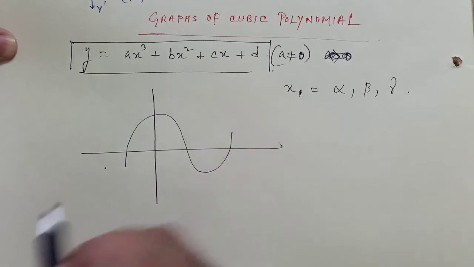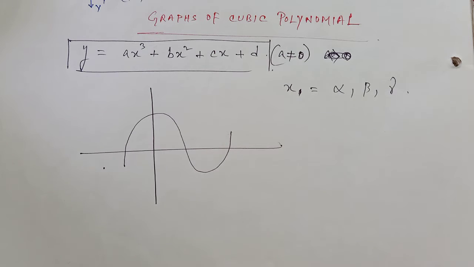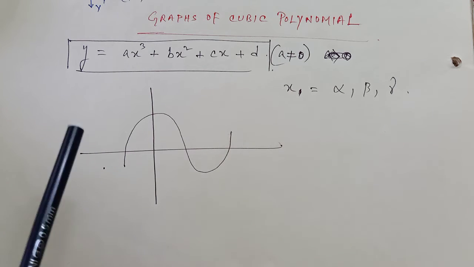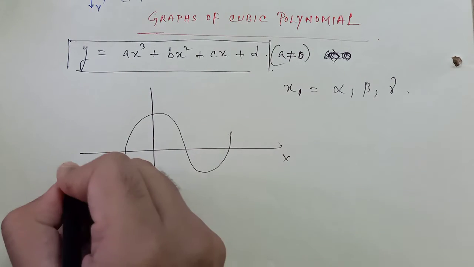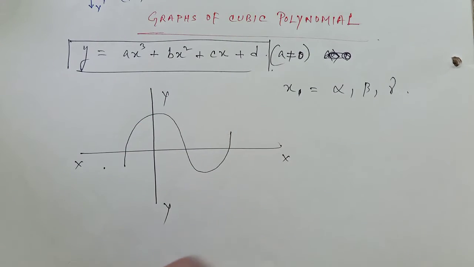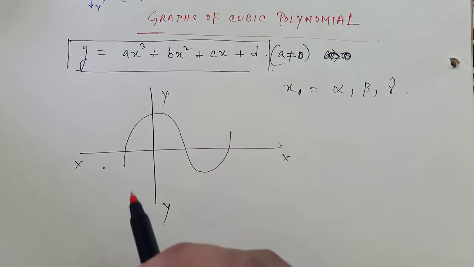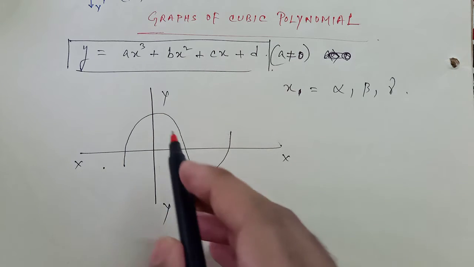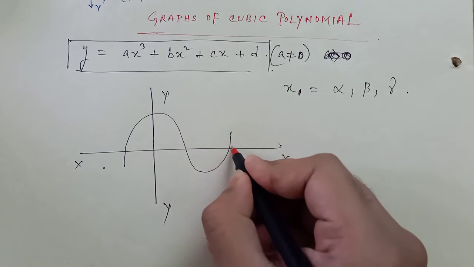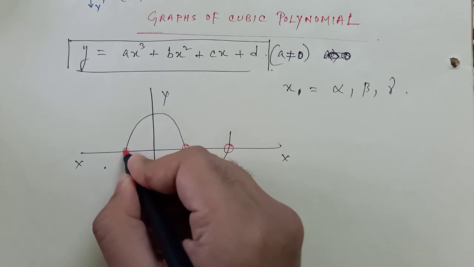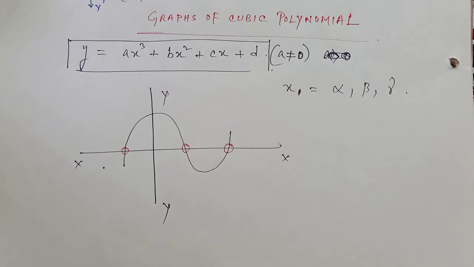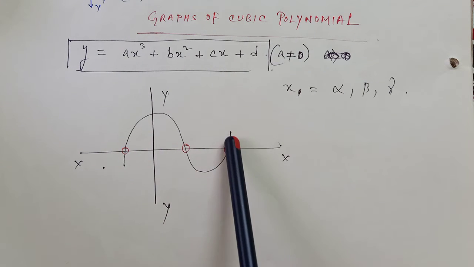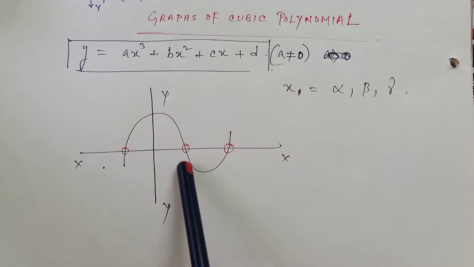This is my x-axis and this is my y. So in this case you will see the curve has coincided with the x-axis in 3 points, here, here, here. So at 3 points the curve will coincide or cut the x-axis.